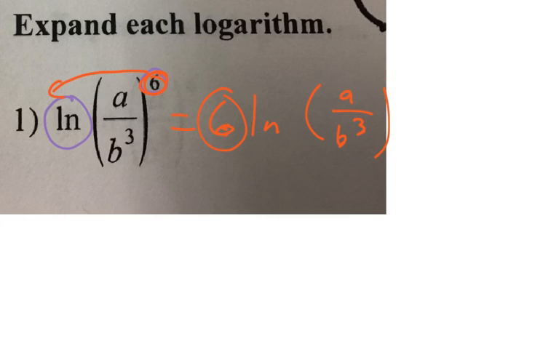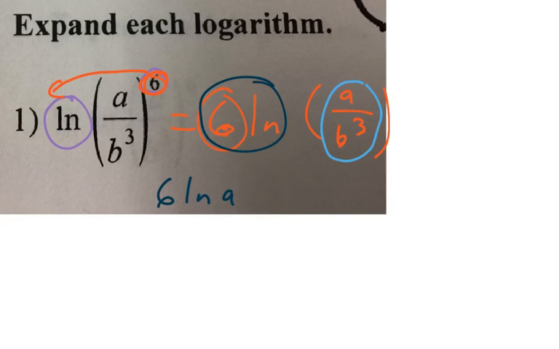Now, what about, look at the parentheses now. We have a divided by b to the 3, or b cubed. Well, didn't we learn with the rules that dividing ended up being a subtraction, right? So we can now rewrite this as 6 natural log of a, I'm going to keep the 6 and natural log together, minus 6 natural log of b cubed.